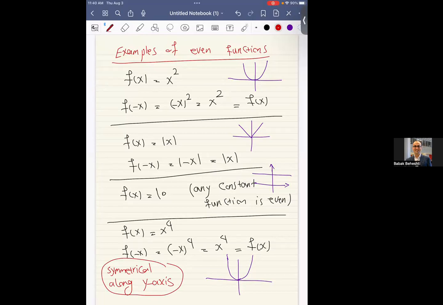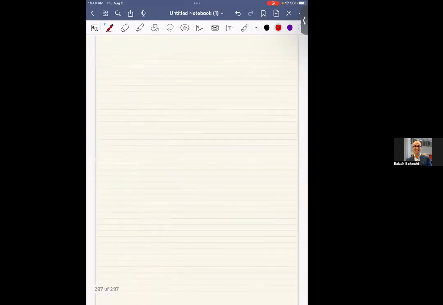Some examples of odd functions now. Alex, can you tell me an example of an odd function? So for example, f of x equal to x.